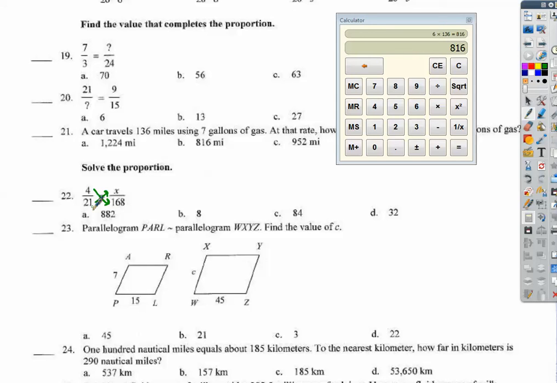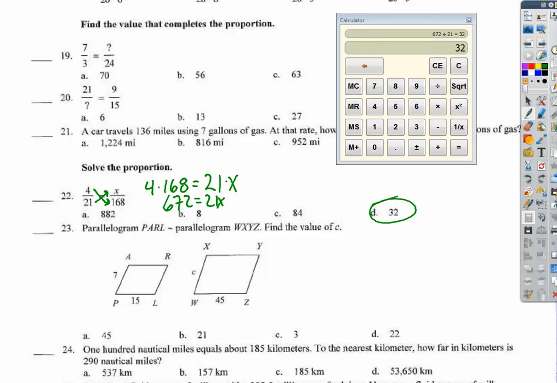So we have 4 times 168 is equal to 21 times x. So 4 times 168 is 672, and that equals 21x. So 21 times something is 672. To figure that out, I just divide 672 by 21, and I get 32. D.